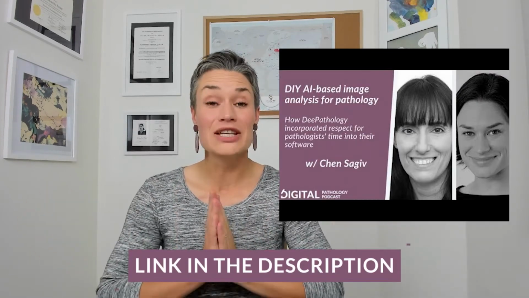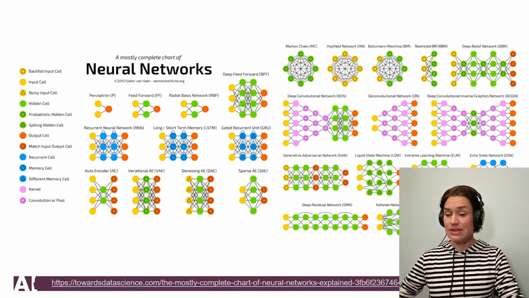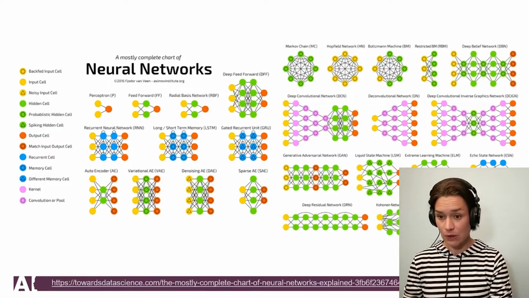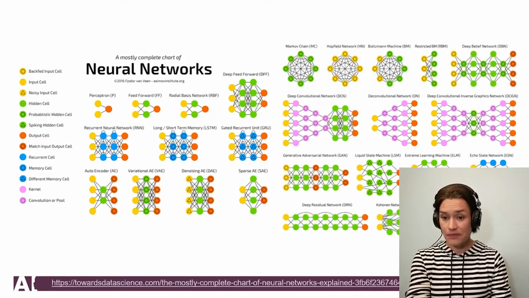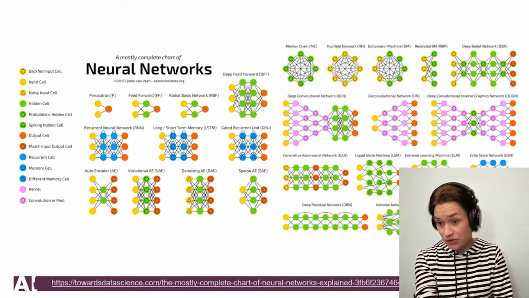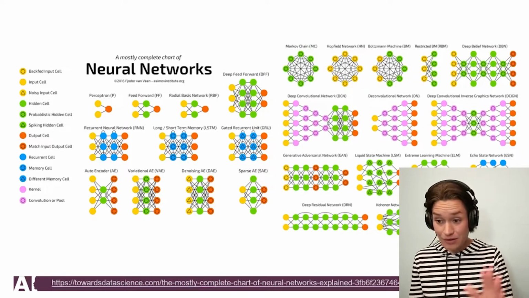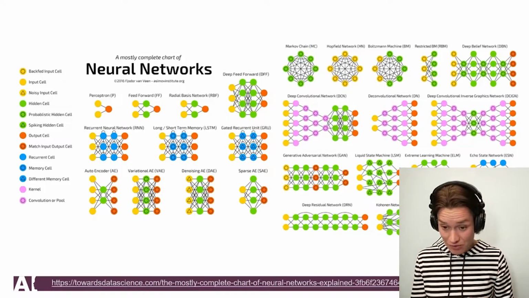But let's dive into what is actually happening in a neural net. What happens inside a neural network? These are different neural network architectures that all have a couple of things in common. First of all, they have dots, different colors. Usually on the left, they have yellow dots, and on the right, they have those orange dots, most of them.